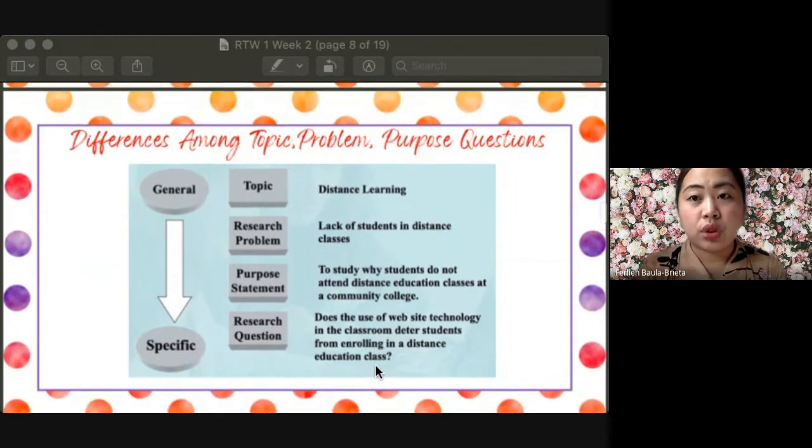So after you have brainstormed with your group mates what is your general topic, you have to undergo the process of identifying also the research problem, the purpose statement, and the research question.